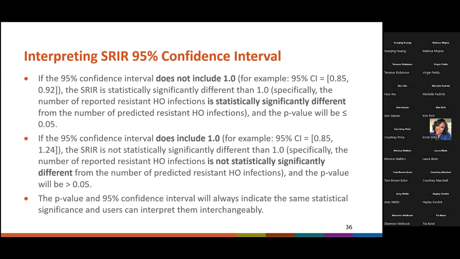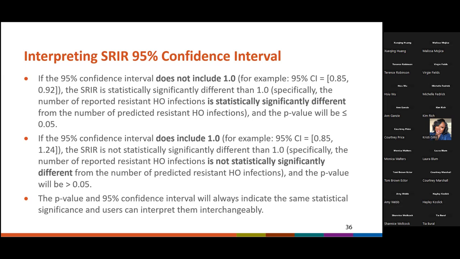If the 95% confidence interval does include 1, for example, 0.85 to 1.24, the SRR is not statistically significantly different than 1. Specifically, the number of reported resistant hospital onset infections is not statistically significantly different from the number of predicted resistant hospital onset infections, and the p-value will be greater than 0.05.